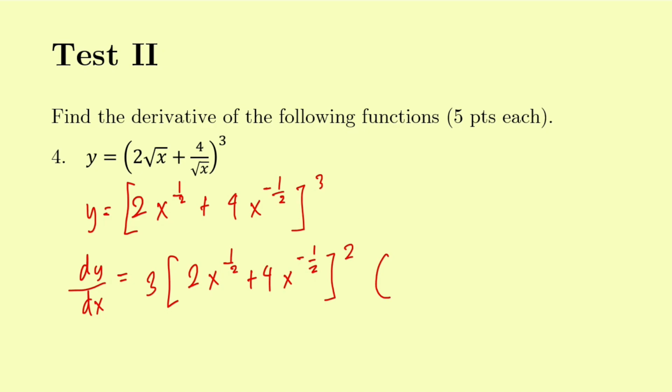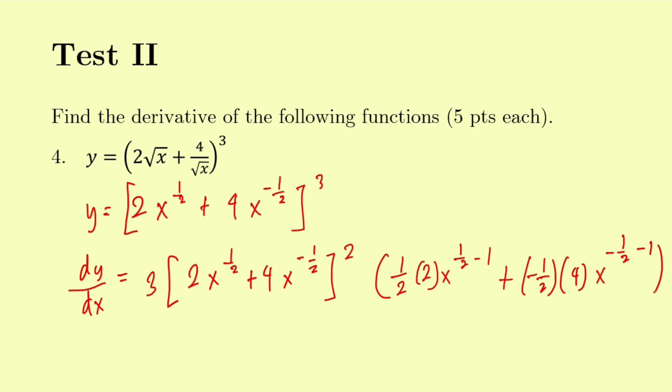That means we have 1/2 times 2 times x raised to 1/2 minus 1 plus negative 1/2 times 4 times x raised to negative 1/2 minus 1. That simplifies to 3. Copy this one.